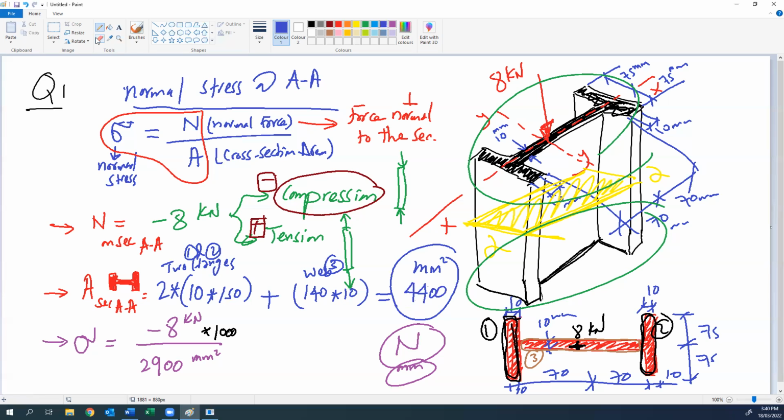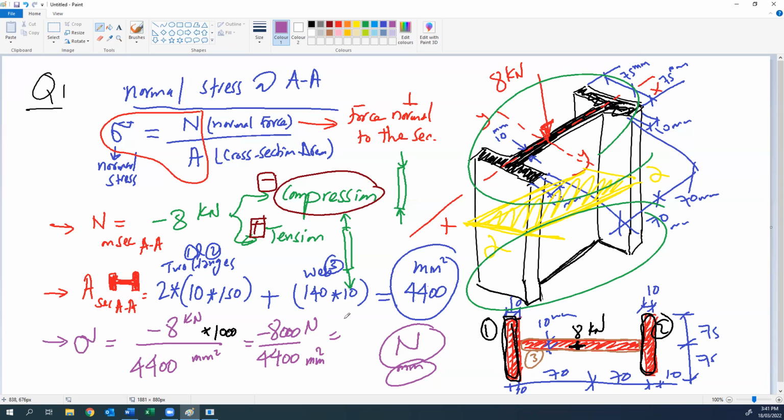Okay, so the area is 4400 millimeter square. Now negative 8000 divided by 4400 will be in Newton per millimeter square.